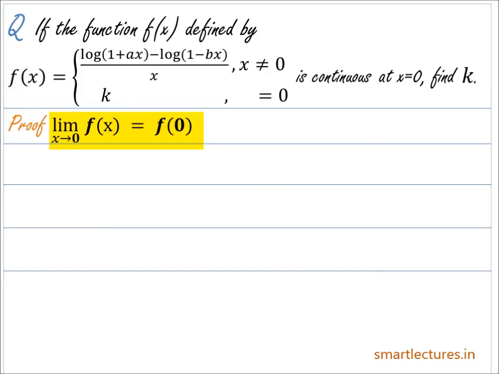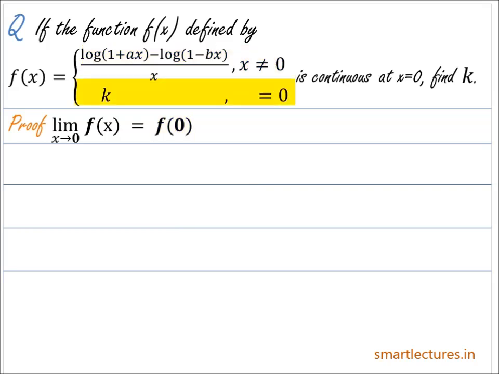And when x approaches 0, that means it is close to 0, but x is not equal to 0, so f of x is equal to log of 1 plus ax minus log of 1 minus bx upon x. And f of 0 is equal to k.